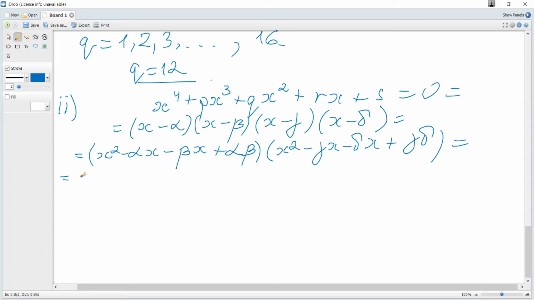It will be x squared multiplied by x squared: x to the power of 4 minus gamma x cubed minus delta x cubed plus gamma delta x squared.